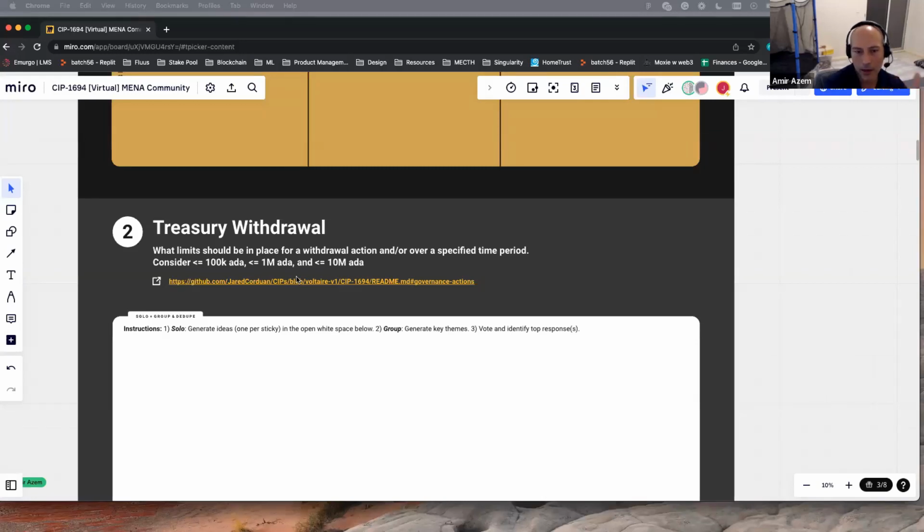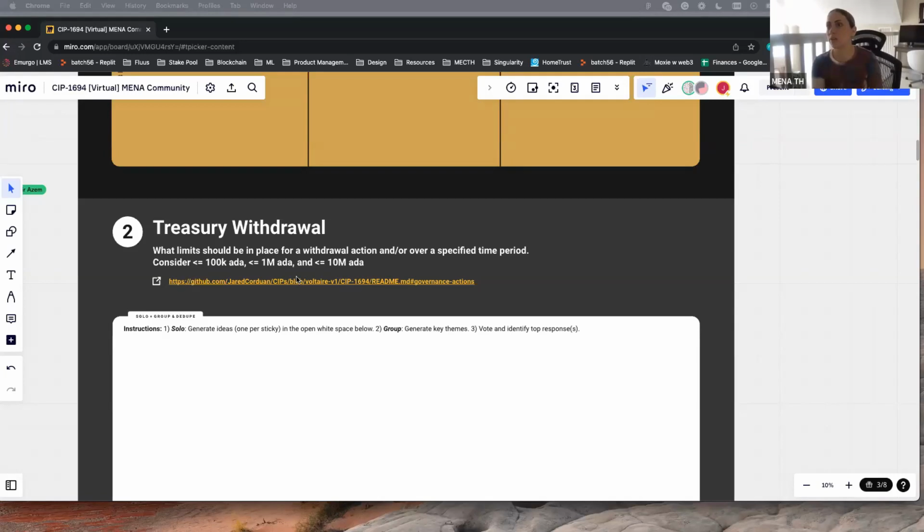I think the treasury is around 9 billion ADA, I'm not sure. If it's withdrawing more than what it would accumulate, we should keep that time extended until it replenishes the amount that will be withdrawn.